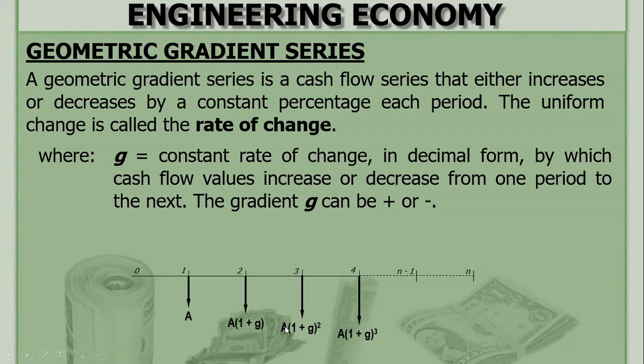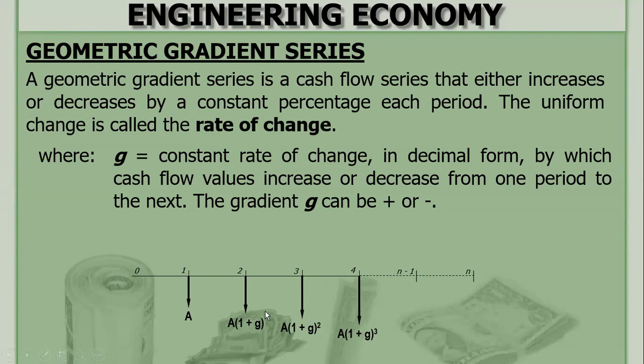And you can see that for the succeeding periods, like this one, A times 1 plus G for the second period. For the third period, A times 1 plus G squared. Manotice nimo, ma-relate nimo ang exponent o ang period. So, for period 4, the exponent is 3. For period 3, the exponent is 2.